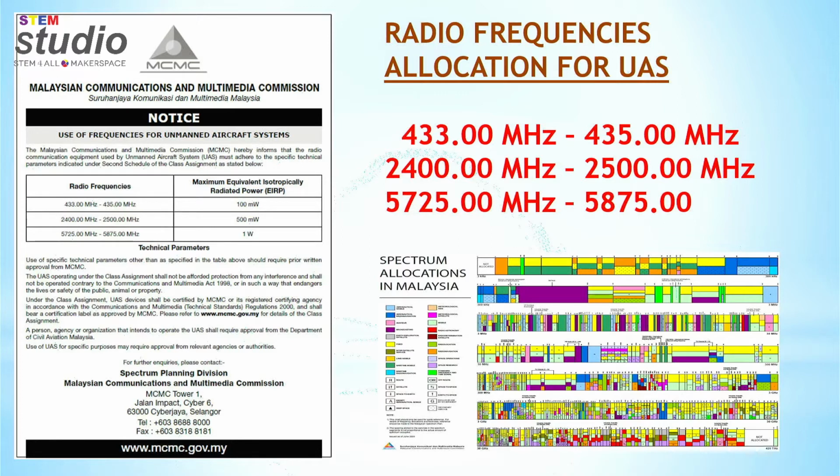Below is the chart of the spectrum allocations in Malaysia. If you have a drone manufacturer from overseas asking what frequencies are being used in Malaysia, you can forward this spectrum allocations chart. From the chart, they will know what is open, what is for marine, what is for cellular, so they can understand and move forward. This information is available on MCMC's website.